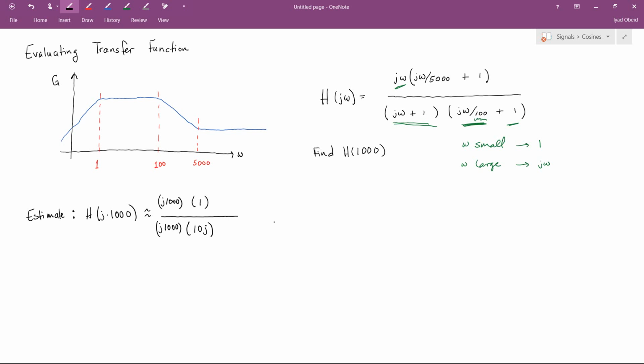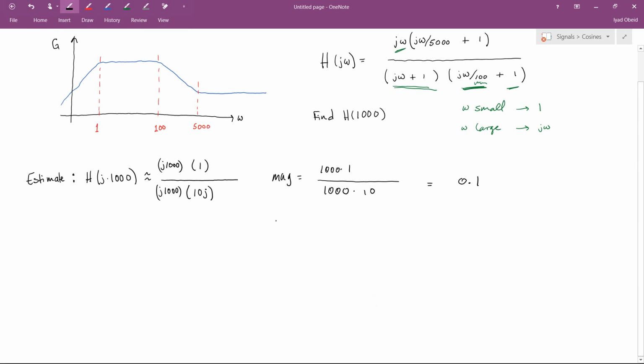And now, look how easy it's going to be to get the magnitude of this. The magnitude is essentially going to be 1,000 times 1 in the numerator, divided by 1,000 times 10 in the denominator, and that's going to give me 0.1.